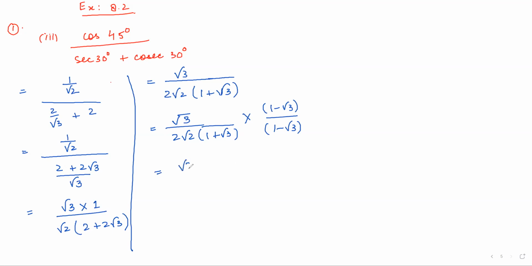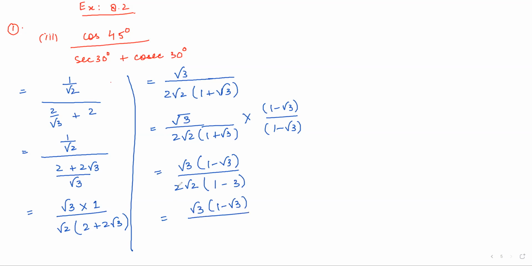So I have under root 3 into 1 minus under root 3 and divided by 2 under root 2, and this becomes a square minus b square, right? Yeah. Okay, so that becomes 1 minus 3. Root 3 into root 3 is 3. So this becomes under root 3 into 1 minus under root 3, and this 1 minus 3 is minus 2.